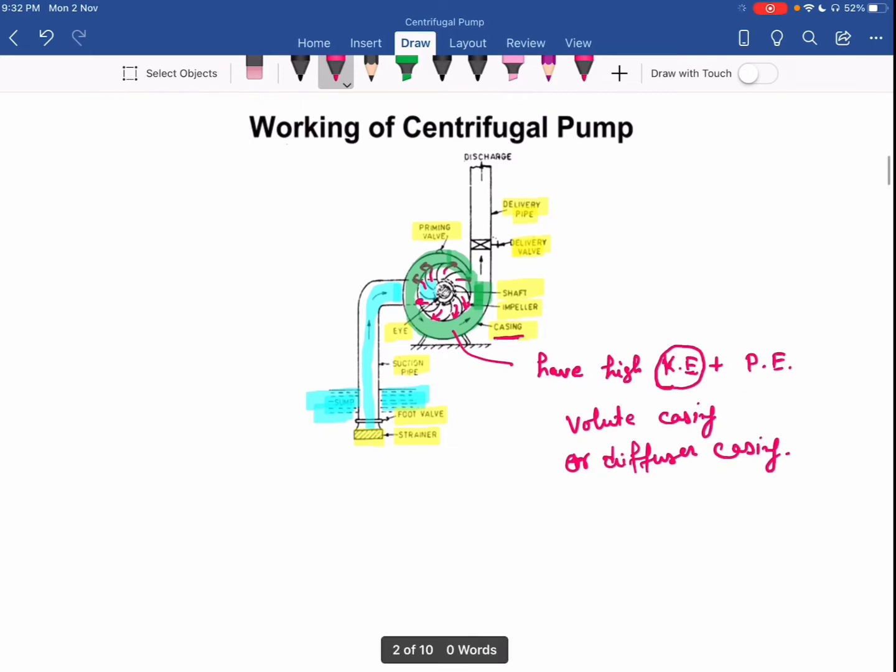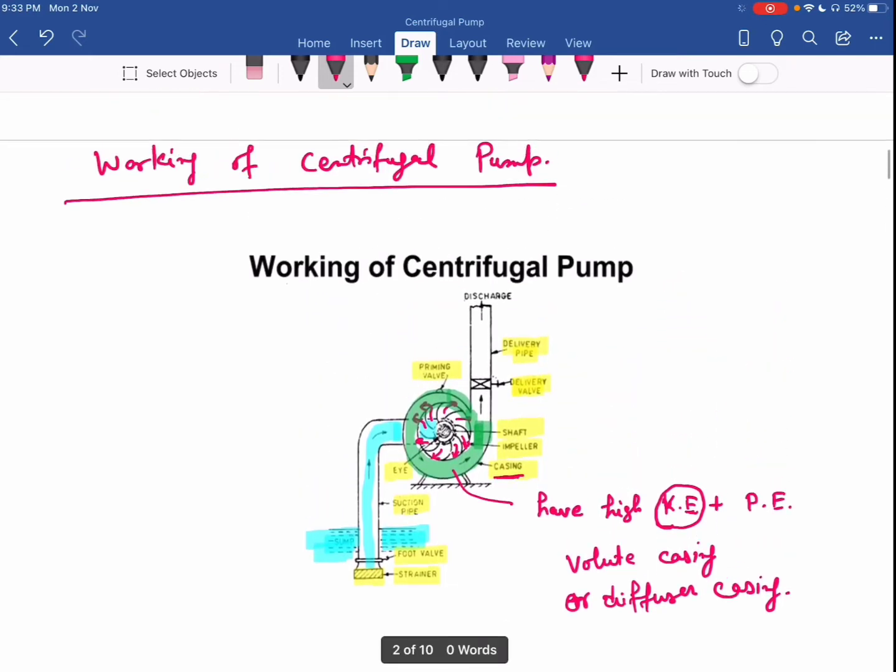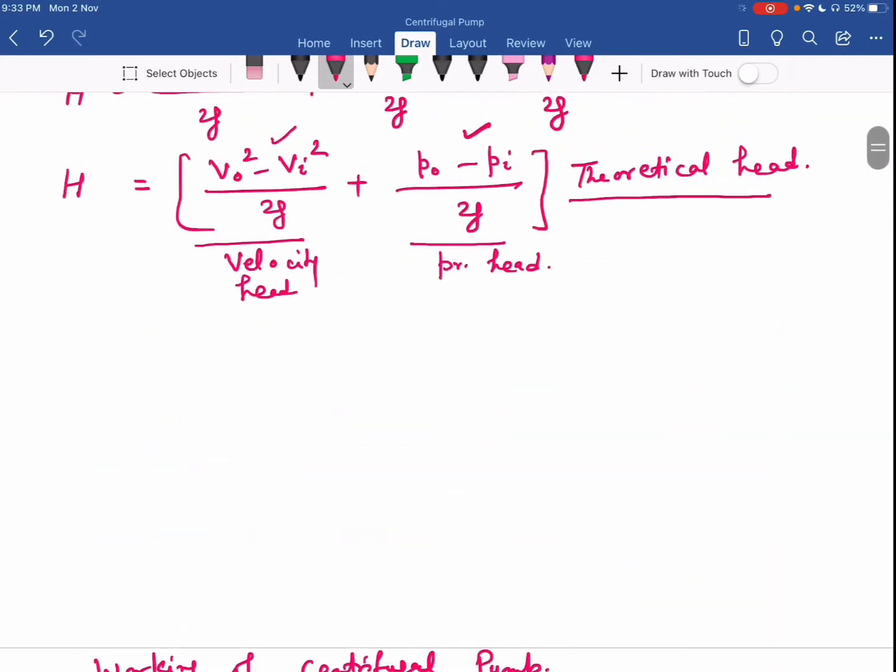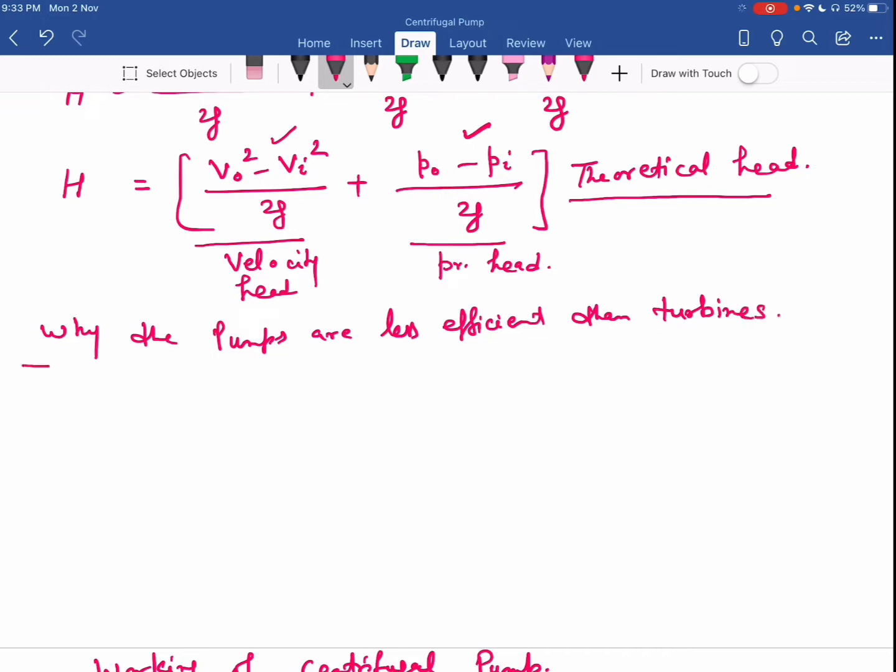Now the next question arises: why are pumps less efficient than turbines? There are two reasons behind this. The first is that the type of flow in a pump differs from that in the turbine.